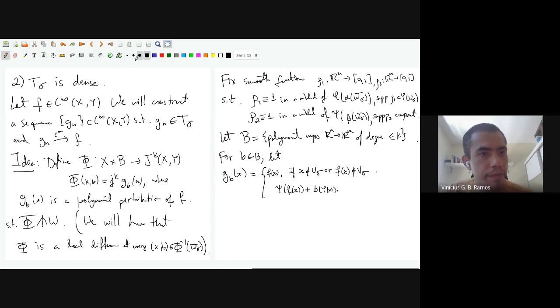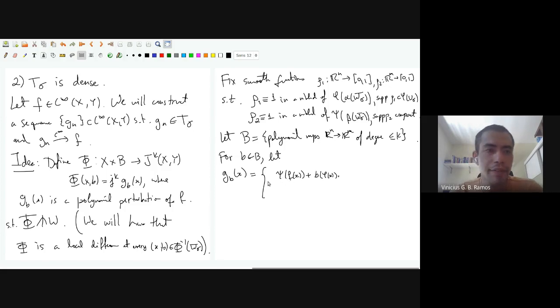Actually, sorry, let me change this definition. I don't think this is quite what I want to say. So this is really what I'd like to say. I would really like to just do this, but to make things right, I have to multiply this by the bump function rho 1 applied to phi of x, and then by the second bump function applied to psi of f.